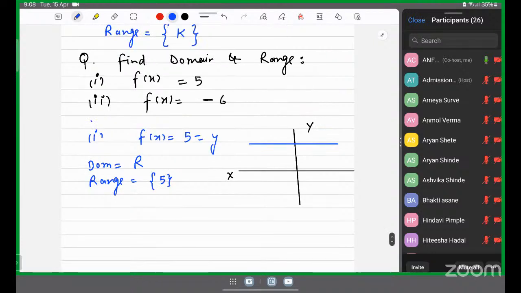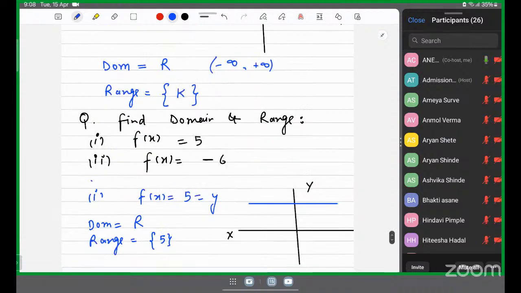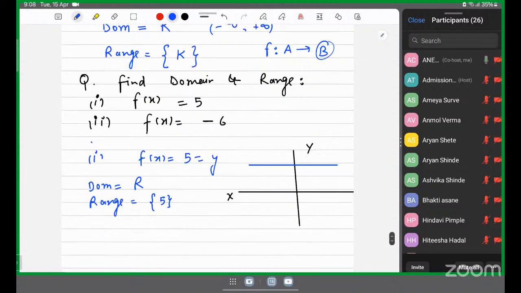No. If the criteria of the function is not given to you, you cannot tell the codomain. Codomain will be the complete set B. If we have a function defined from set A to set B, in that case set B will be the complete codomain. But in the given question, it is not mentioned what set B is. So I cannot justify anything about its codomain. But we can give clear statements about domain and range.